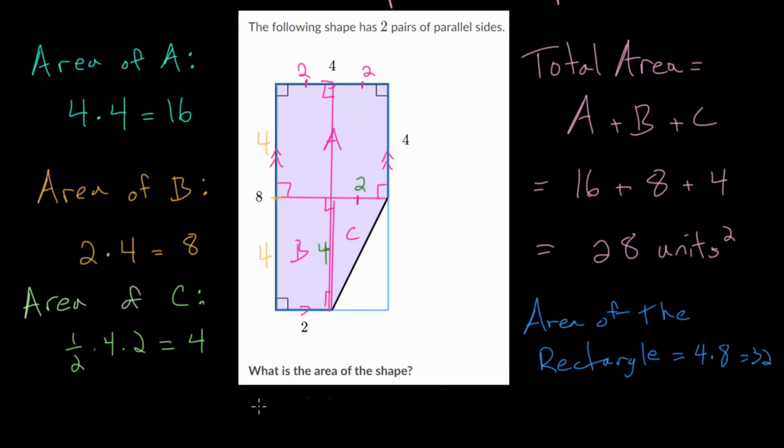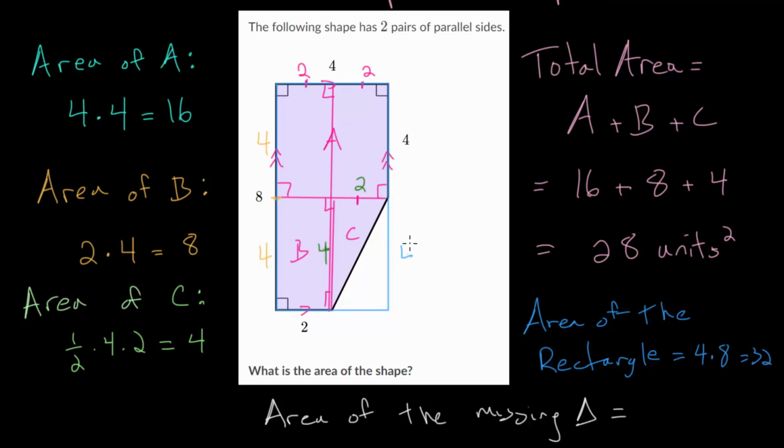And we want to subtract the area of the triangle. So that is this triangle that's missing here. So the area of the missing triangle is just equal to half the base times the height. So we need to find the base and the height.